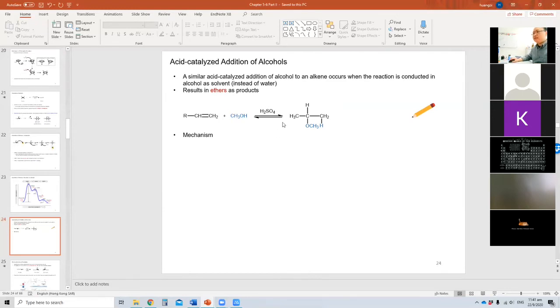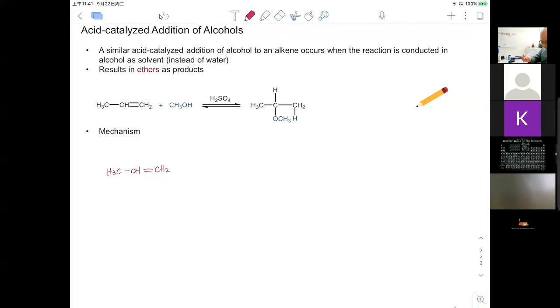All right, let's see. So you have an alkene, and you have a strong acid, which is a proton, or you can draw the sulfuric acid structure here.